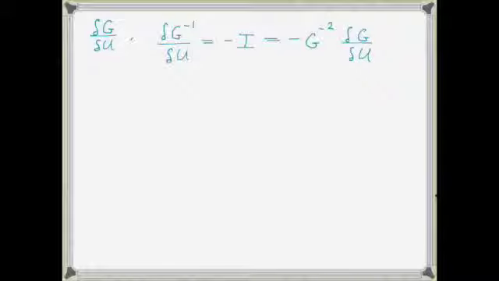The derivative of G inverse you'd say would be negative G to the -2 times dG/dU. And so we multiply through by G squared, and you get that dG/dU is equal to G squared.